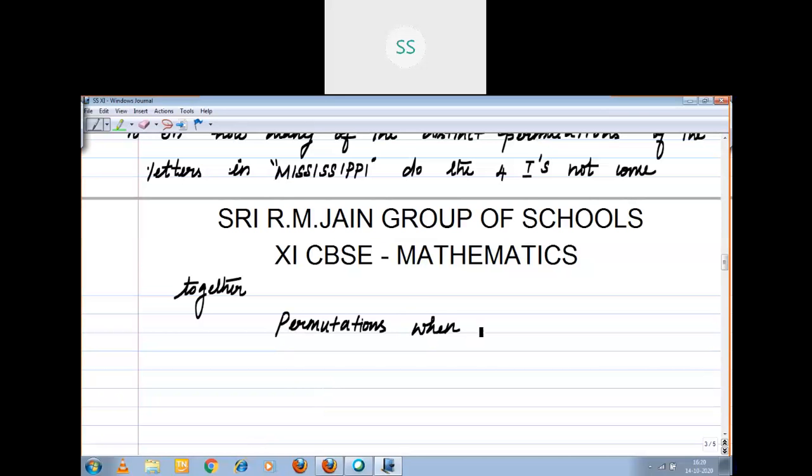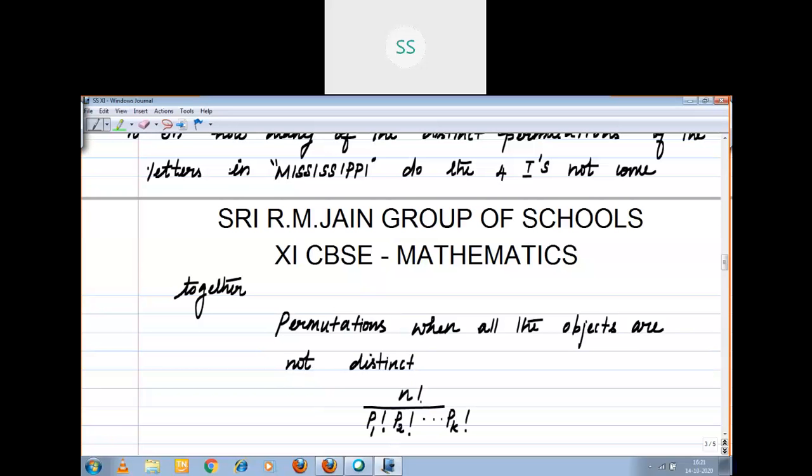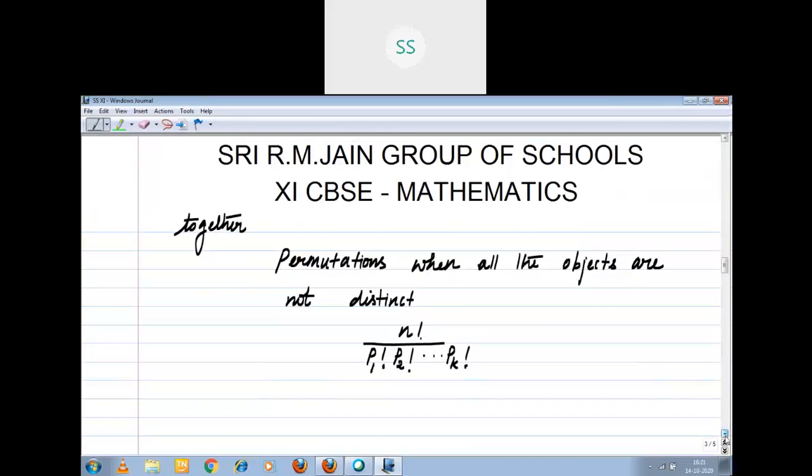Permutation when all the objects are not distinct. This is the formula: n factorial divided by p1 factorial, p2 factorial, etc., pk factorial.